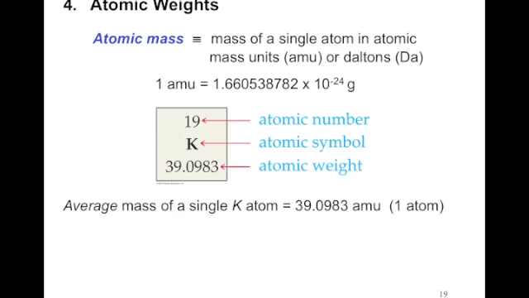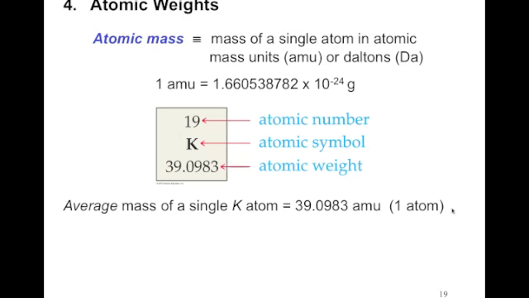So if we weighed out each of 100 individual potassium atoms and averaged them all together, this is the value that we would get, 39.0983 atomic mass units. That would be the average mass of a potassium atom.